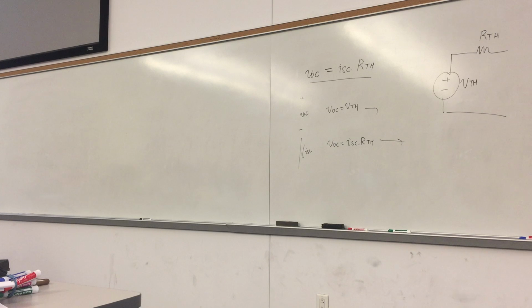I don't know exactly what circuit 1 is, and circuit 2 is a single resistor, let's say R equivalent. The question is, what is R equivalent? Our definition for equivalent circuits says that whatever you do to this, you do to that, and then you should have the same voltage current characteristics.